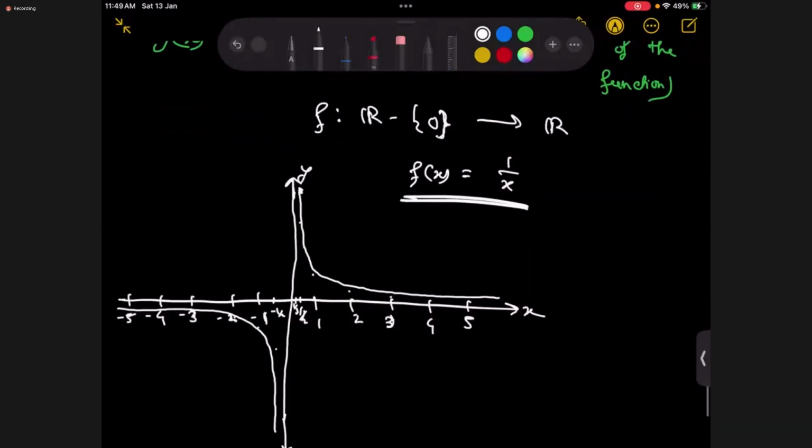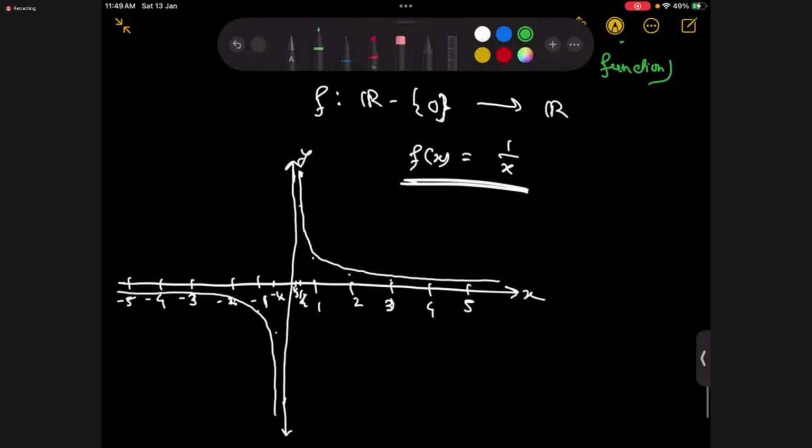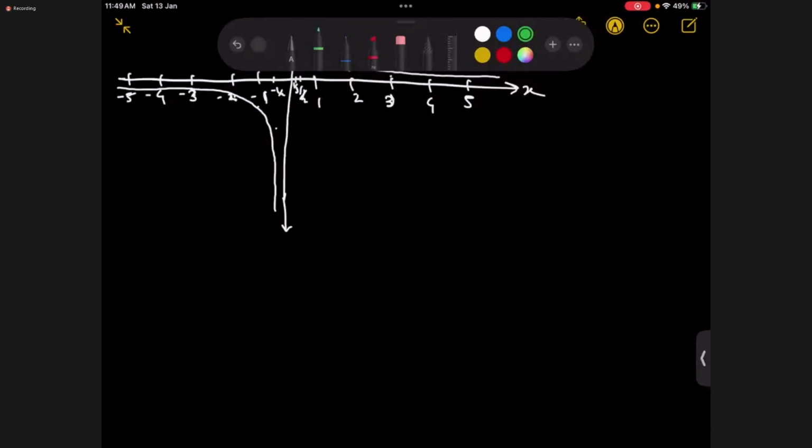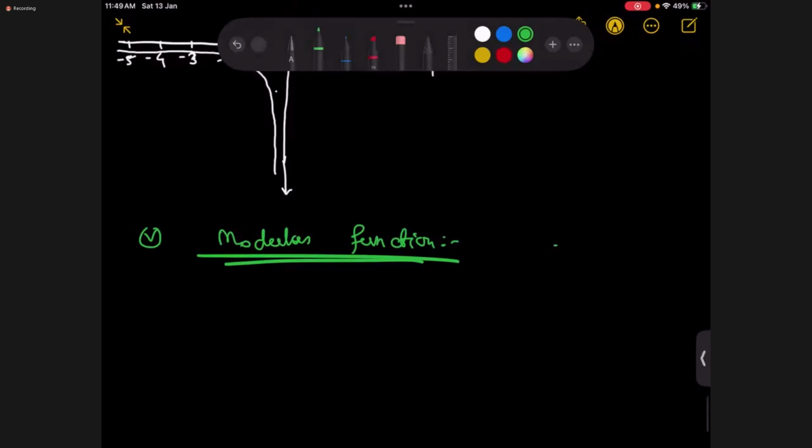Next one is the modulus function. What is the modulus function? This is the function defined as f from R to R, defined as f(x) equals mod x.